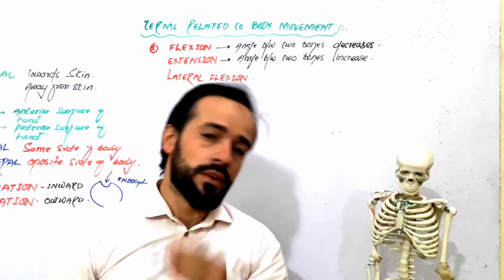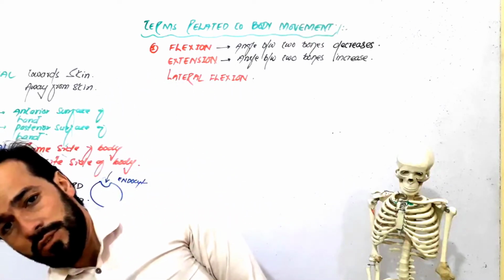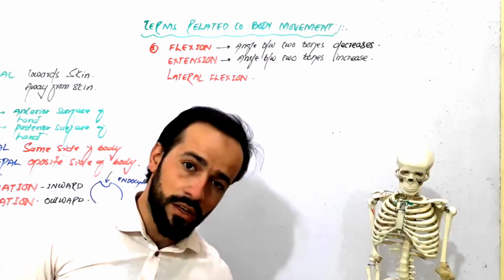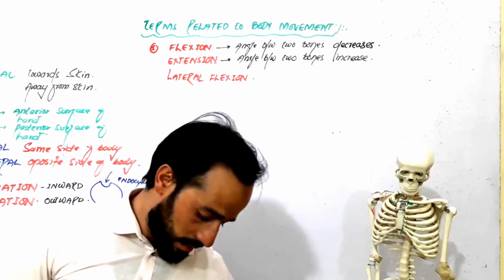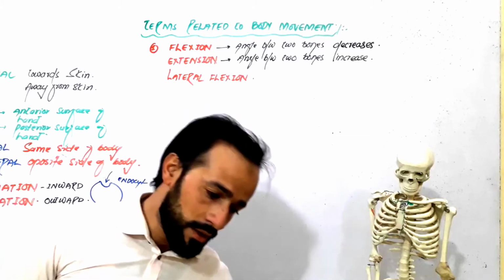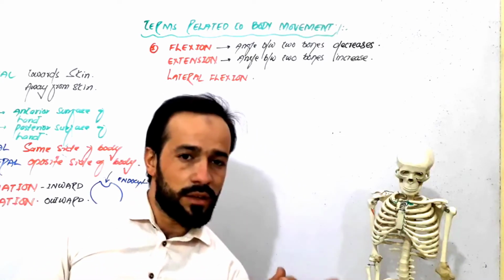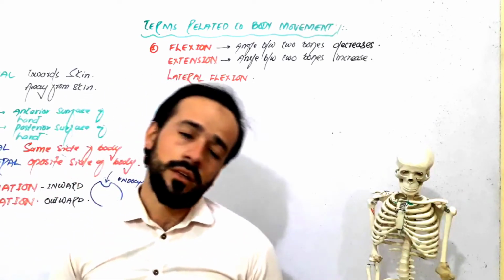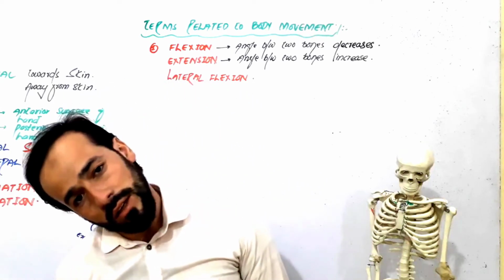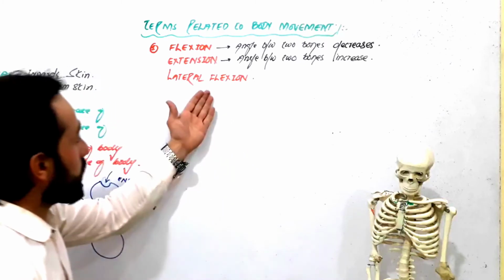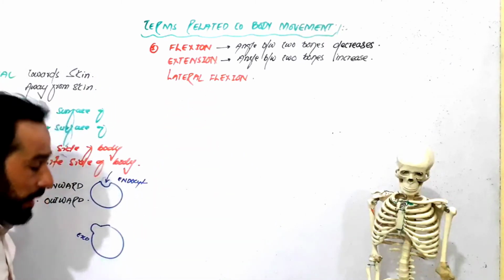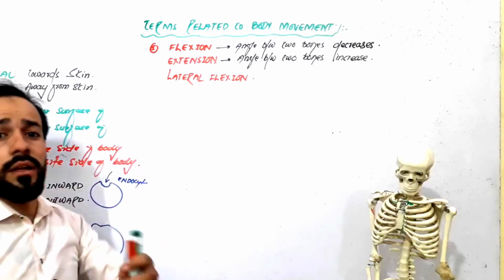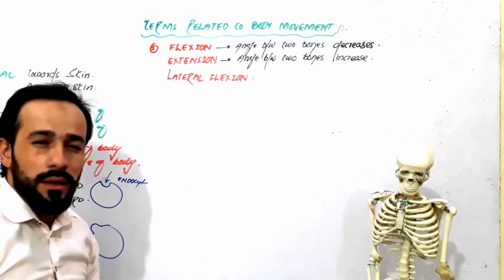Here the angle between the thigh and the abdomen on the lateral side decreases. So what is lateral flexion? When the angle between two bones decreases towards the lateral side, this is called lateral flexion.